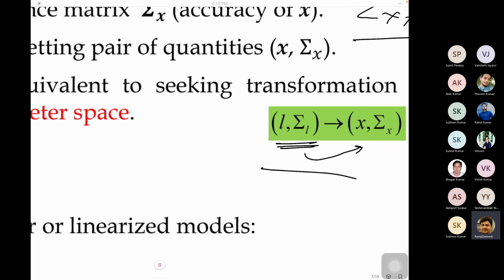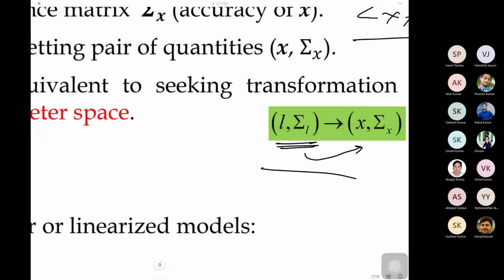From the left hand side, what we have is L, sigma L. Now this L is the number of observations, or a system of observations which you are having. Sigma L, obviously, from day one, we are not moving ahead without the error matrix. So L is your set of observations, maybe a vector of n cross 1.